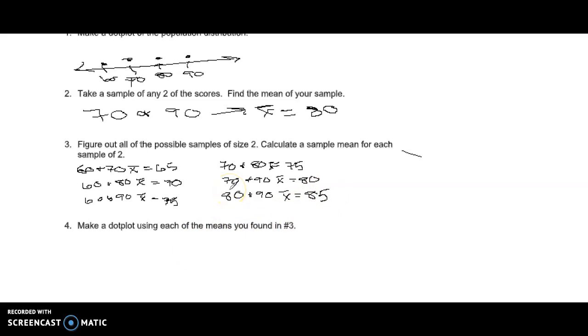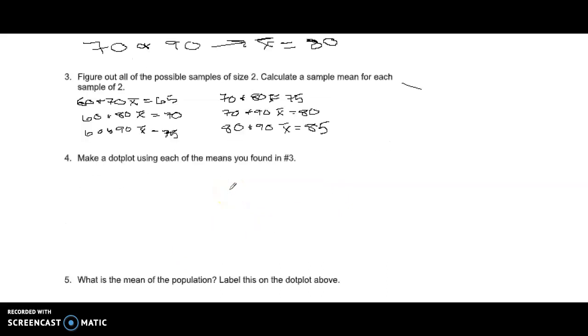Okay, so now my next dot plot is the dot plot of these sample means. My lowest mean is 65 and my highest mean is 85. So I'm going to make the same x-axis as I did before.